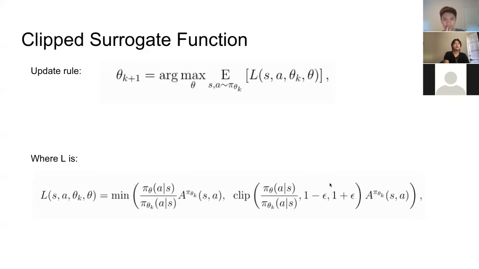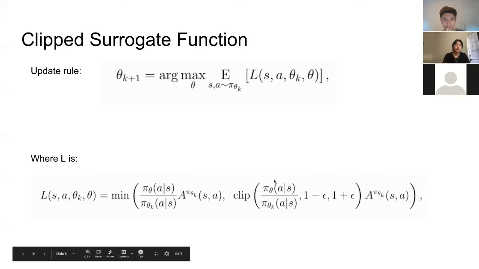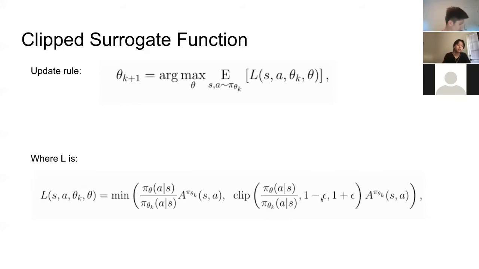And what it's trying to say is basically, I'll keep this ratio as it is, but if it ever goes below this lower bound or above this upper bound, we're going to set it to one of those bounds. Okay. Now say epsilon is 0.2, which I think is the standard. Then this lower bound is going to be 0.8. And this upper bound is going to be 1.2.